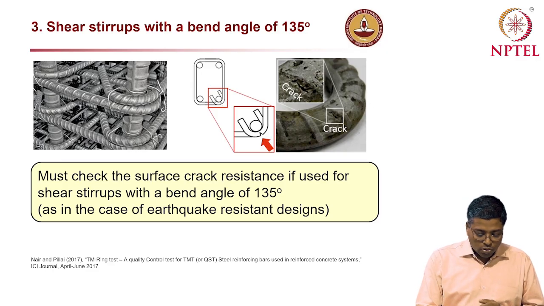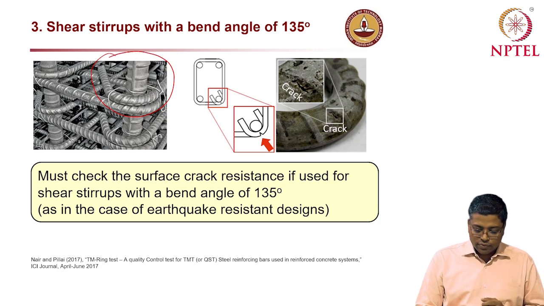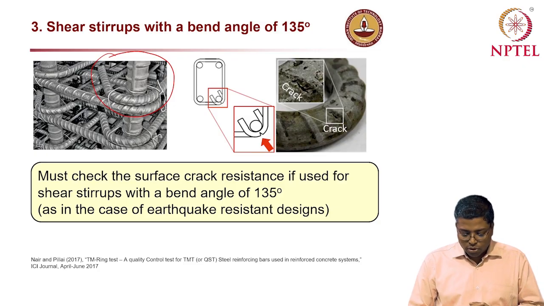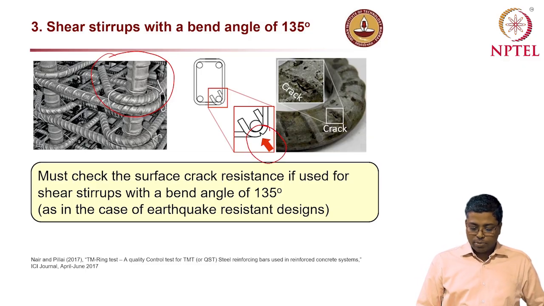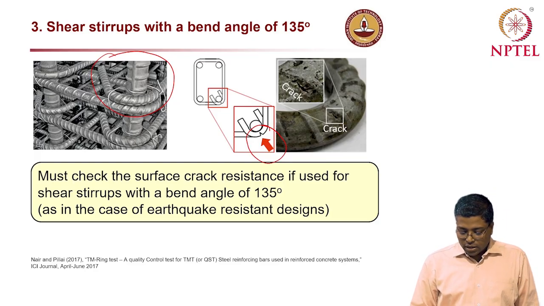Like shown in this picture here, it is bent by 135 degrees, as shown in the diagram over here. Now, when these bars are prone to cracking, it will crack right where that bending is happening, at that bend region, on the outside surface of the bend.